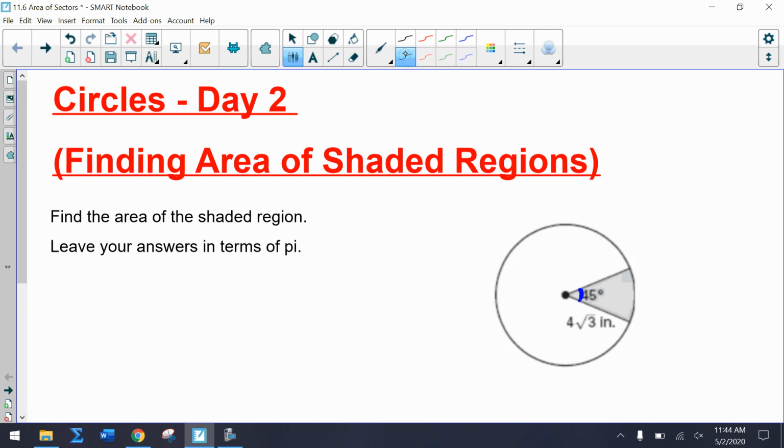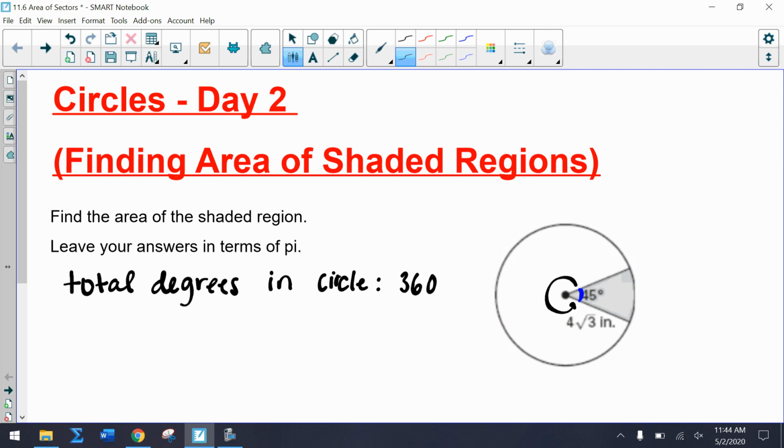And if we think about how many degrees are in a full circle going all the way around, the total degrees in a circle is 360 degrees.